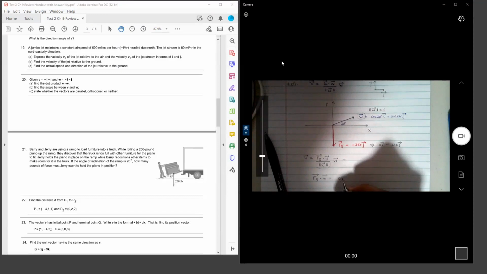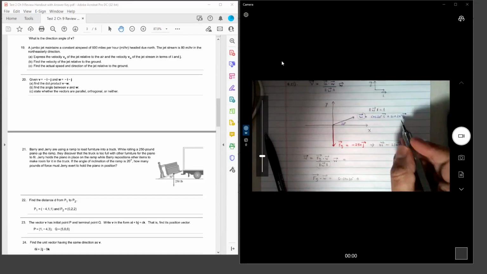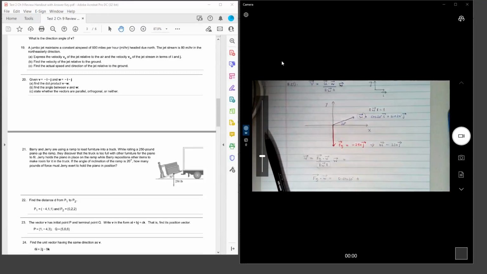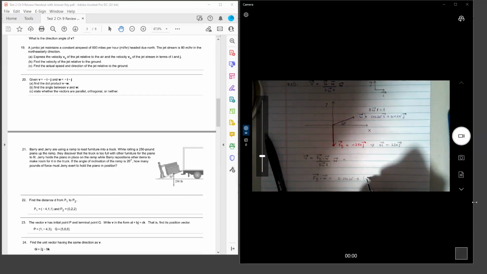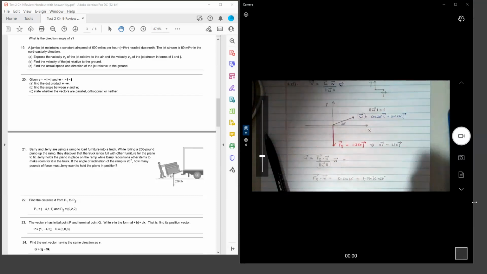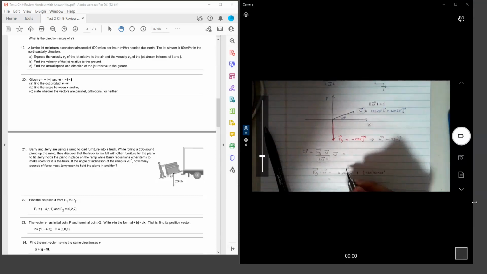So 0 times cosine of 20 degrees plus the product of the J components, or the vertical components. So in this case, we have negative 250 times the sine of 20 degrees. So multiplying by 0 goes away. Here we have negative 250 times the sine of 20 degrees.